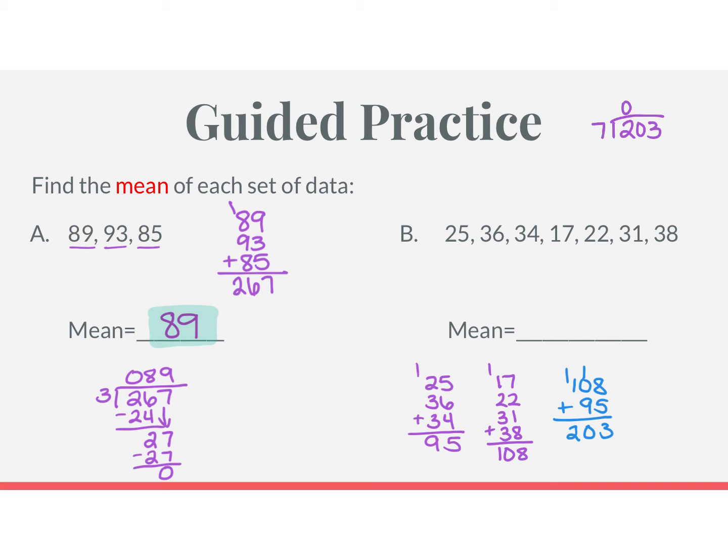Seven cannot go into 2, but it can go into 20 2 times. When we subtract, we get 6. And we bring down our 3. 7 can go into 63 9 times exactly. So the mean or the average for this set of data is 29.